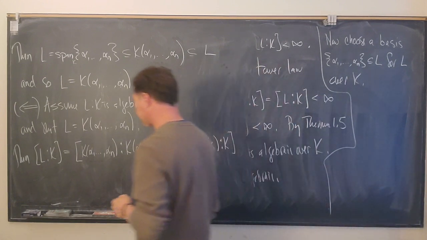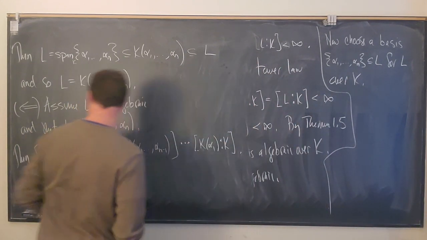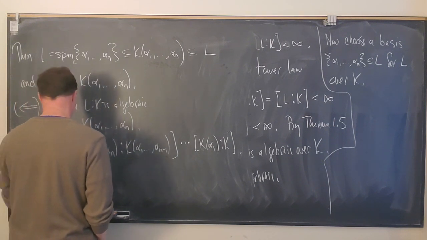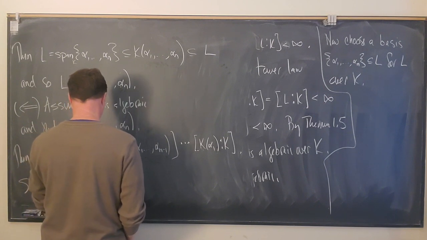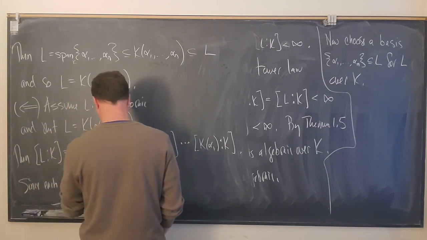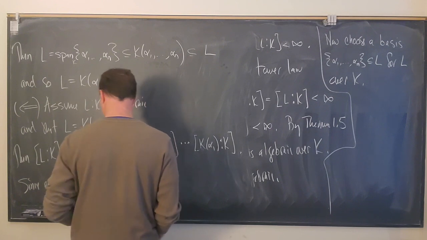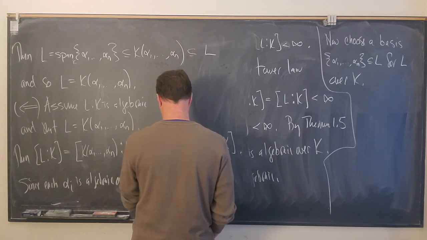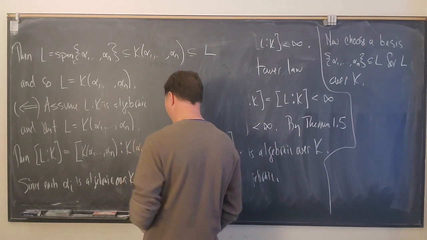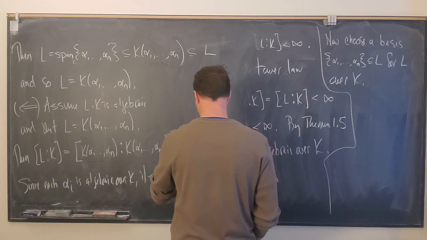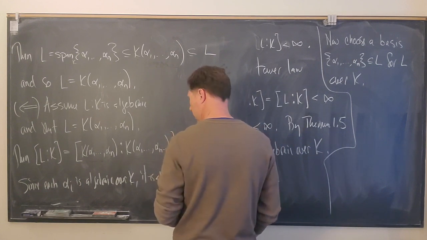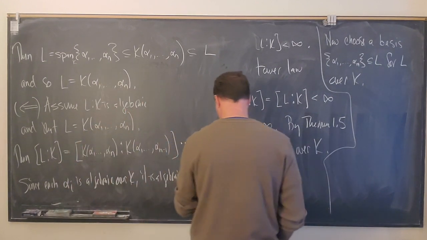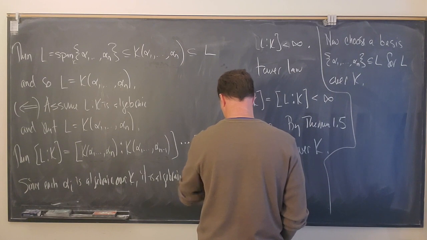So we can say, since each alpha i is algebraic over K, it is algebraic over K adjoin alpha 1 up through alpha i minus 1.